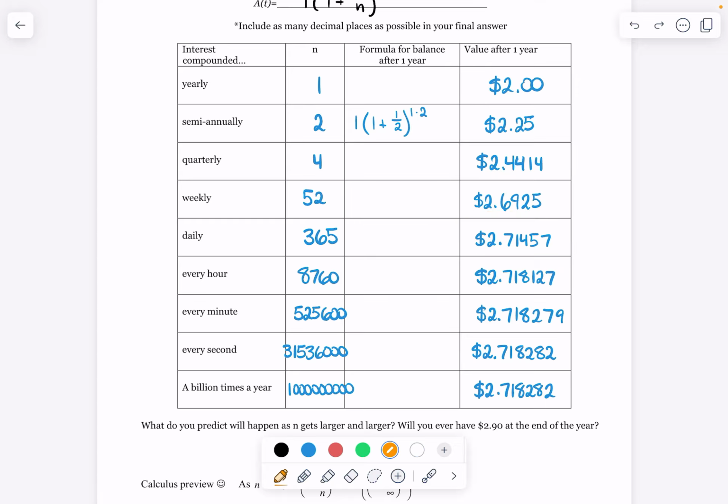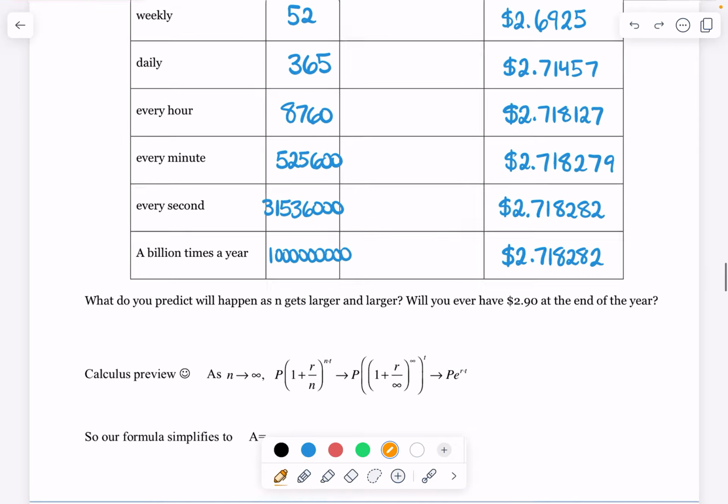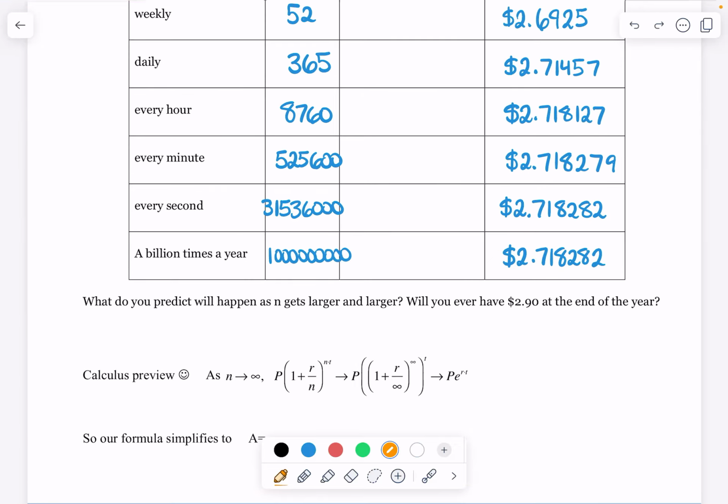And what it's ultimately doing, as n gets larger and larger, say you wanted to try it 1 trillion times or more and keep going with larger and larger numbers, it will increase ever so slightly, but we reach that point of diminishing returns. This approaches a value of about 2.718 or so.